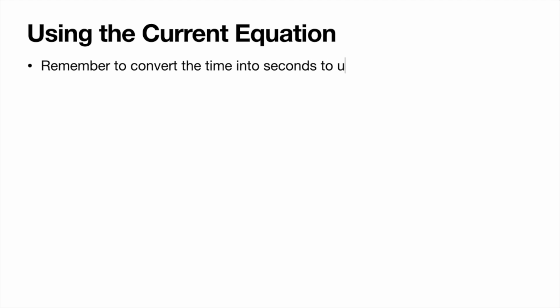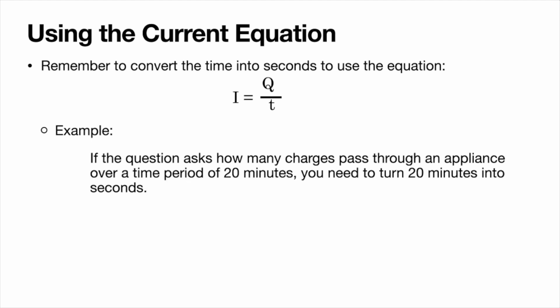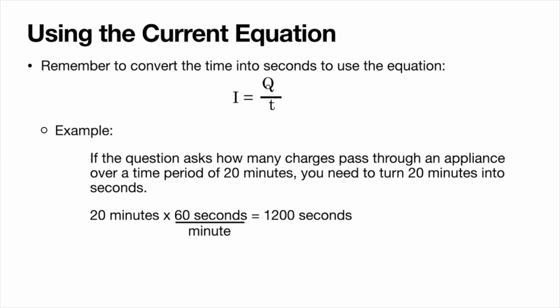Using the current equation. Remember to convert time into seconds to use the equation. So we have I equals Q over T. One example: if the question asks how many charges pass through an appliance over a time period of 20 minutes, you need to turn 20 minutes into seconds. 20 minutes times 60 seconds per minute equals 1200 seconds.